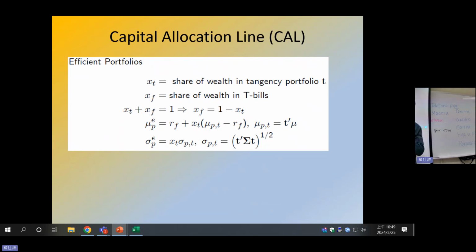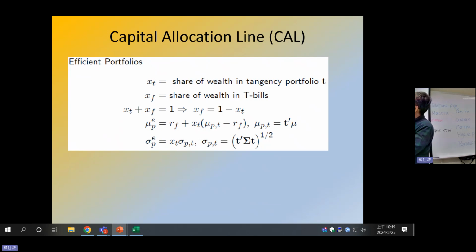In this case, it's a treasury bill. Okay, so the larger the weight of X is, the more allocation will go to the risky assets. So this is a straight line here. So XT times mu_PT, where mu_PT is the return of the tangency portfolio, minus rf.